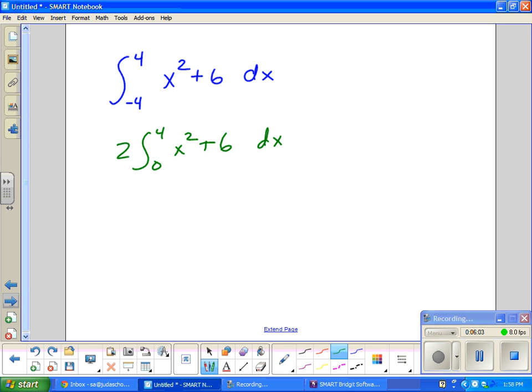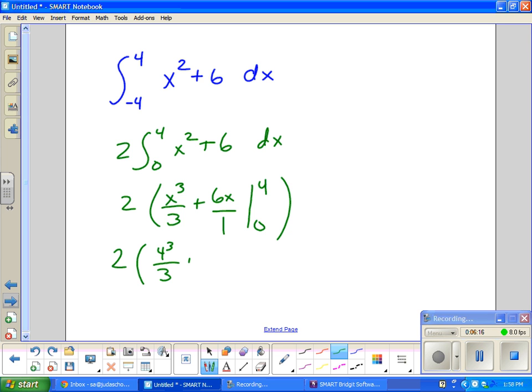All right? So again, I get x cubed over 3 plus 6x over 1 from 0 to 4. When I take the antiderivative of the integral 2 times, and again, 4 cubed over 3 plus 24 over 1 minus 0 plus 0.